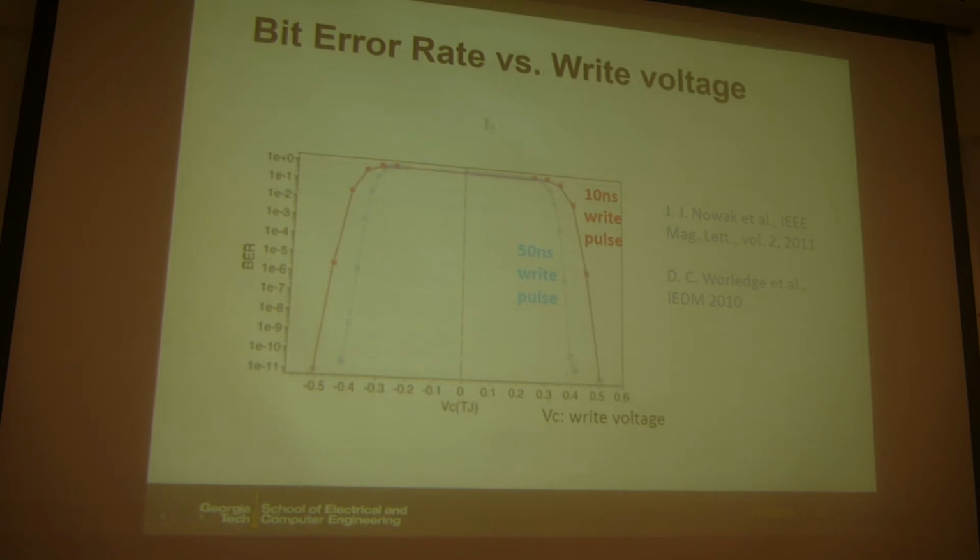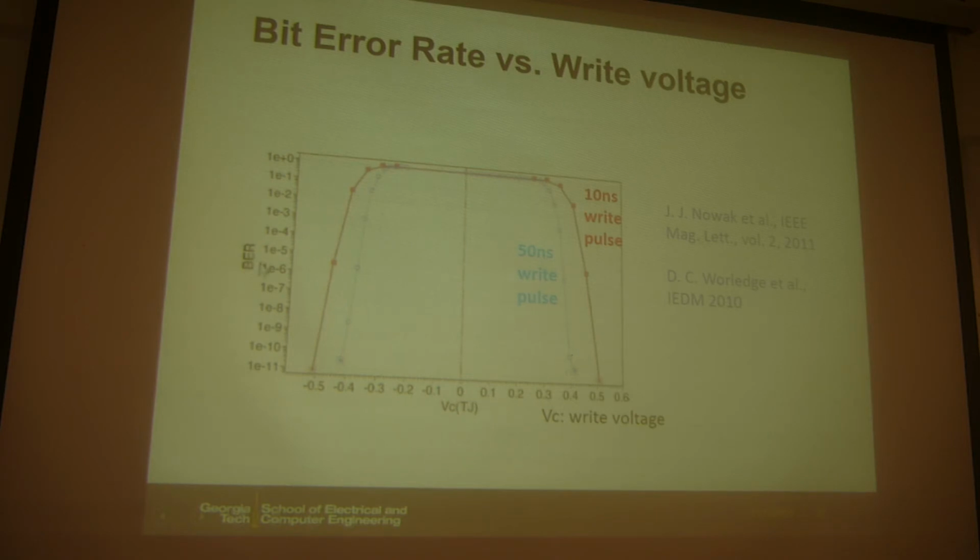Okay, so here this is the bit error rate as we discussed, due to the stochastic switching nature. This is drawn as a function of the write voltage, or you can think of it as the write current, because voltage and current are proportional. So this is the bit error rate, that is the probability of an unsuccessful write.